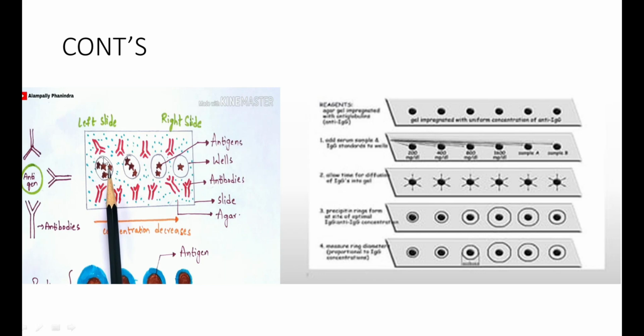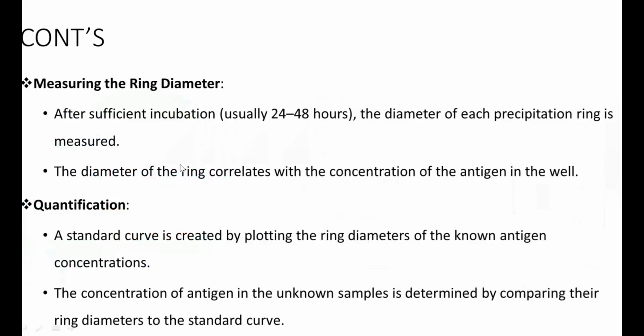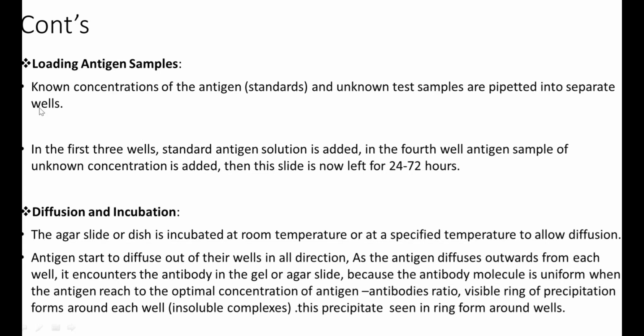Firstly, here we have the first 3 wells. We put in the sample containing the antigen whose concentration is already known. And in the last well, we put the solution containing the antigen whose concentration is not known. As written here, the known concentrations of the antigen and the unknown test sample are pipetted into separate wells.